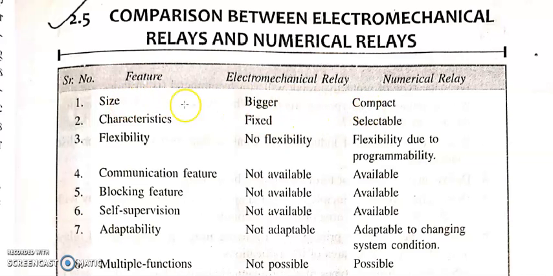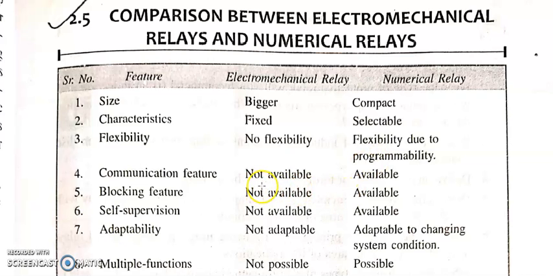Size: the electromechanical relay is bigger, the numerical relay is compact. Characteristics are fixed, you can't change them, but here they are selectable. You can program them or select as per the functions of the numerical relay. Flexibility: there is no flexibility in the electromechanical relay, but here we have flexibility of programming. We can change the program or algorithm as per our needs.